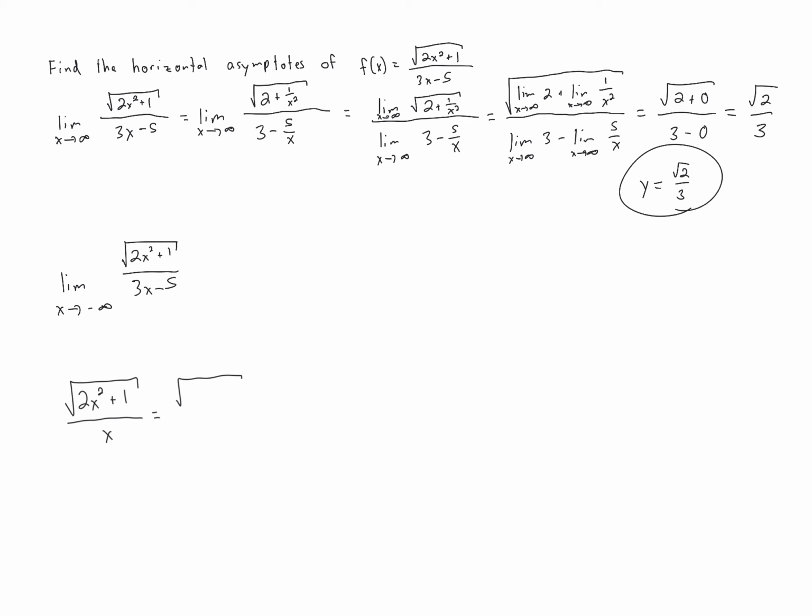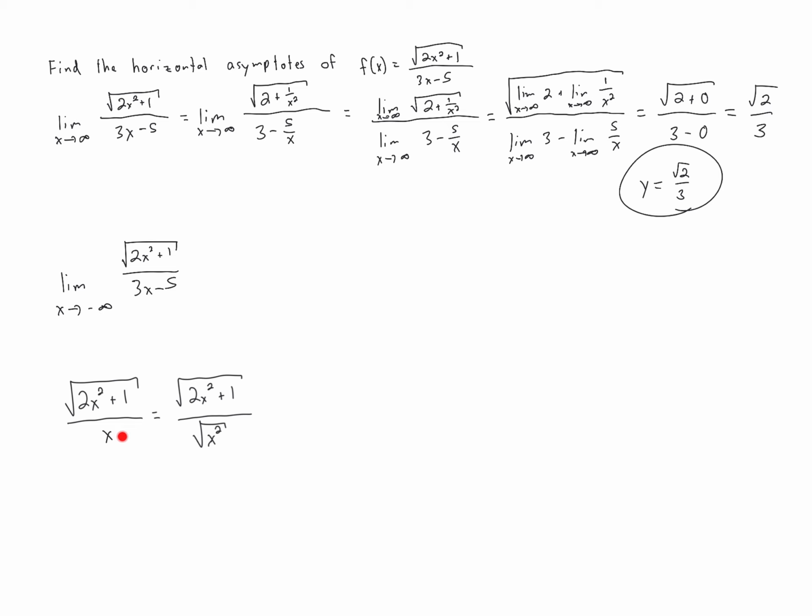Now, in the last problem we did, or in the last limit, we said that x was the same as the square root of x squared. And that was true in this problem because x was approaching infinity, so x was positive. But in this problem, since x is approaching negative infinity, the x values we're looking at are negative.